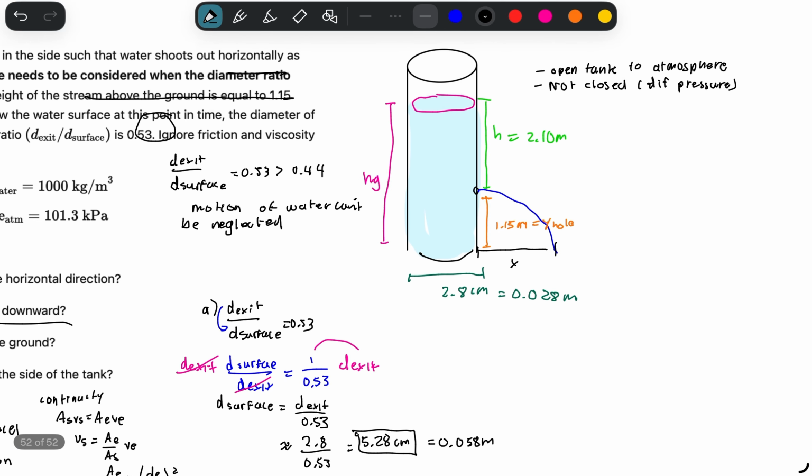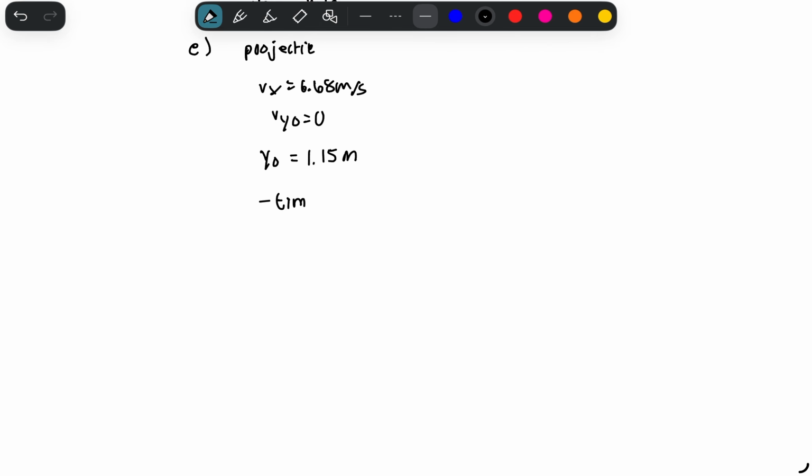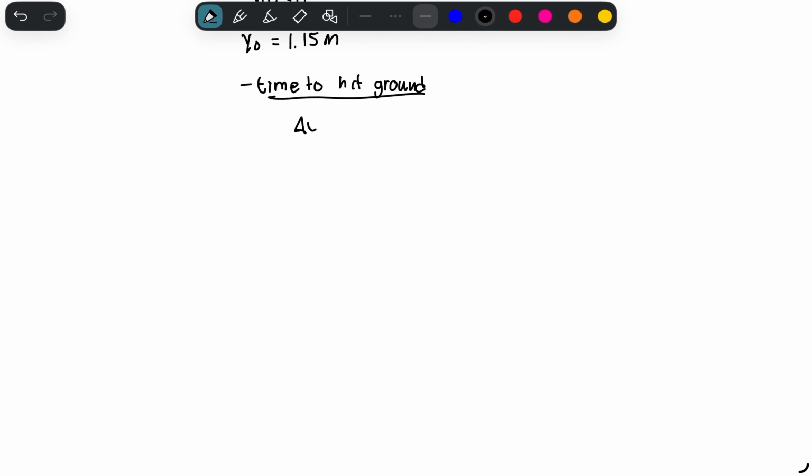Now we have to find the time to hit the ground. That's equal to delta y because we have vertical motion. We're looking at what changes our vertical motion. Vy initial t, we're going to use that kinematic equation that's looking at the vertical motion, plus 1/2 g t squared, because this is the one that has our time.